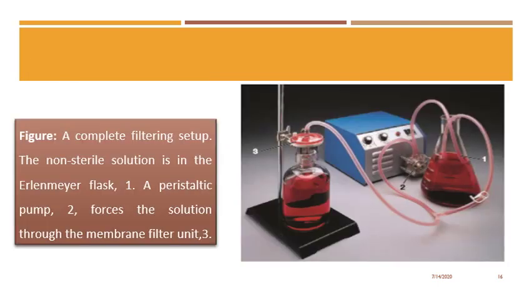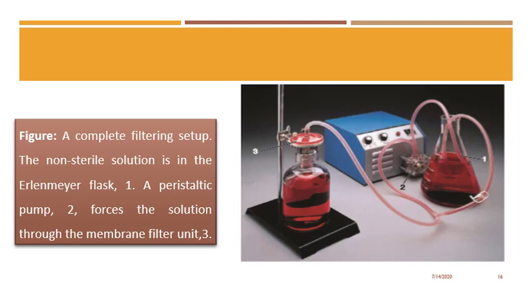About the working, the solution is pulled or forced through the filter with a vacuum. Here is your vacuum. Or with pressure from a syringe, peristaltic pump, or a nitrogen gas bottle, and collected in a previously sterilized container. Here you see that the filtrate solution is collected in this beaker.